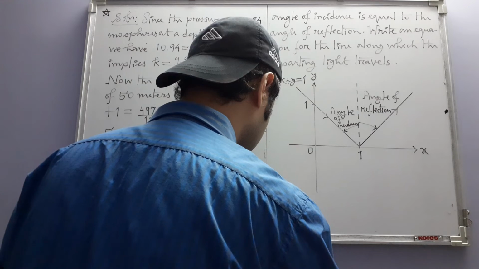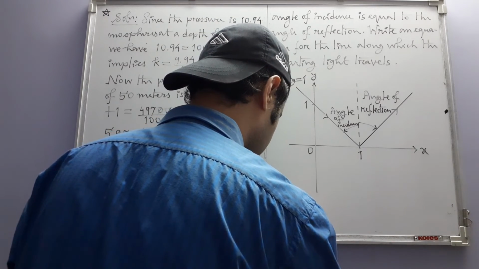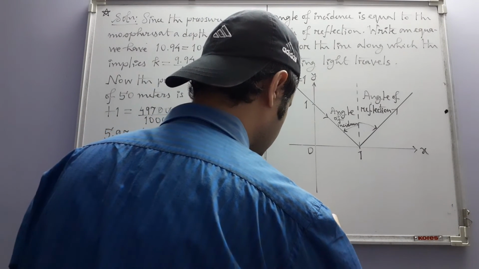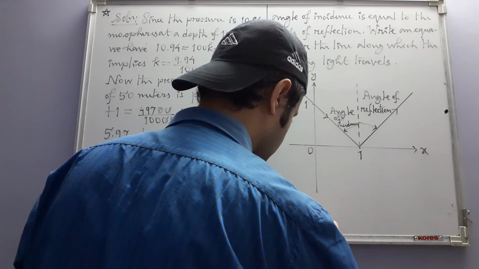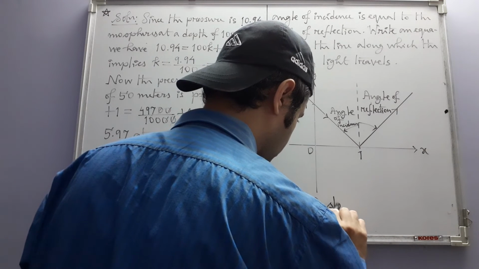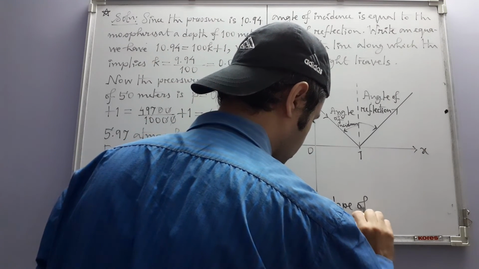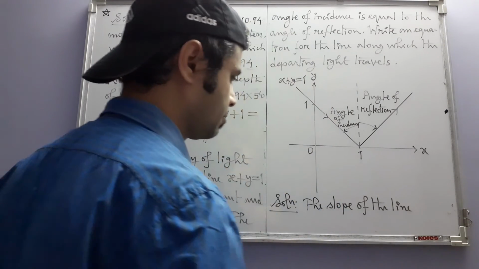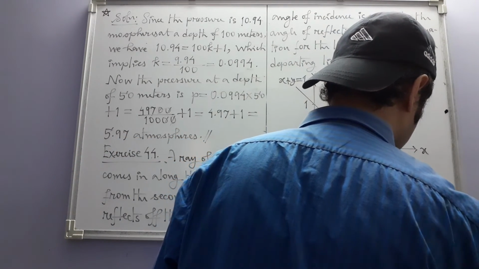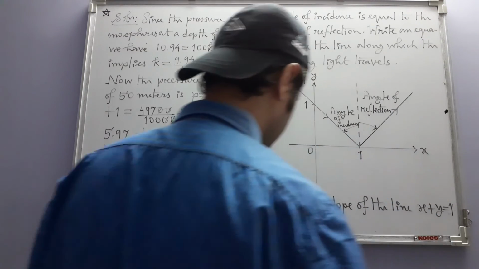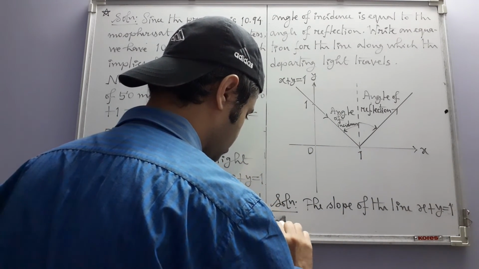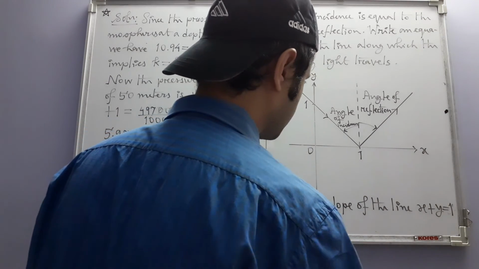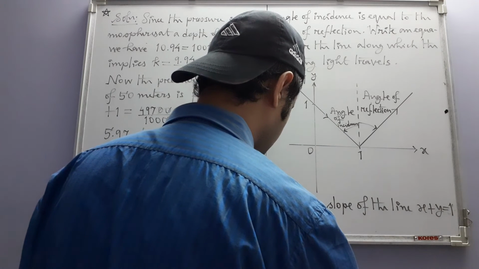So the slope of the line x plus y equal to 1 is 1.